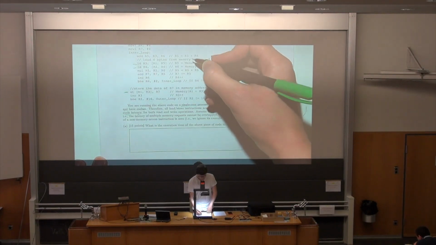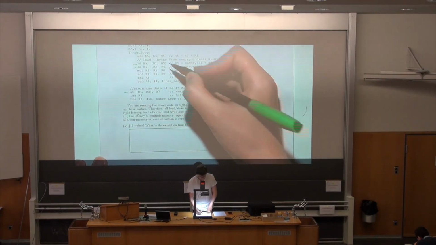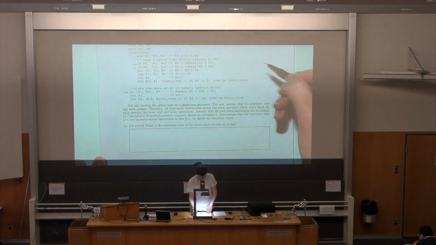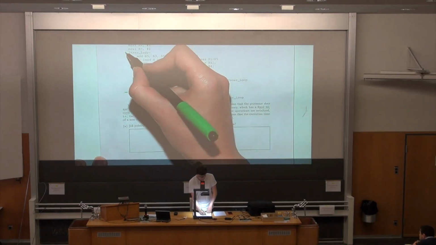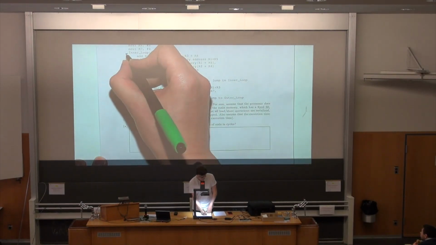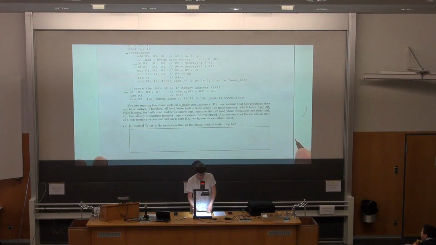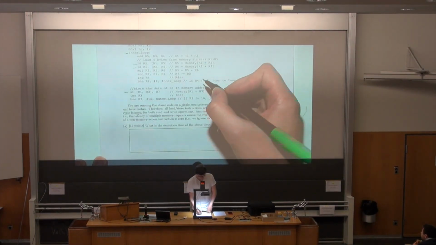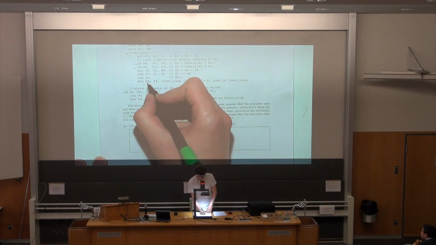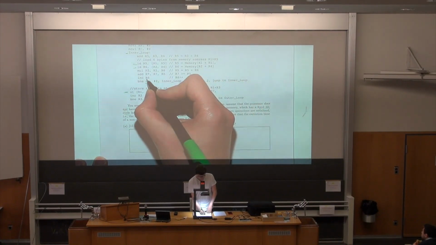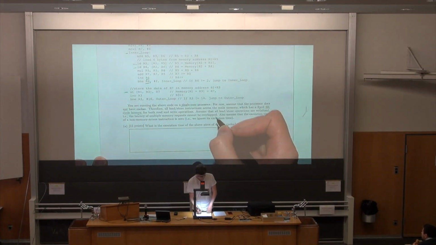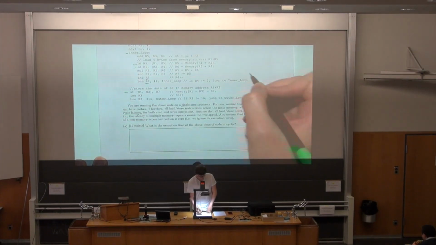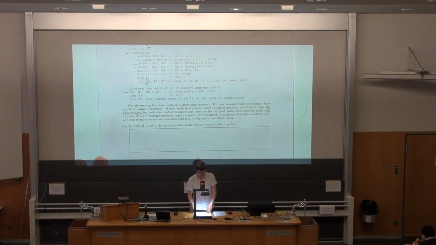So we have a loop here, 2 loops actually, right? The first label here is called the inner loop, and the second loop is called the outer loop. In the inner loop, we branch based on R4. R4 is incremented here, and it's set to 0 in the beginning of the outer loop.